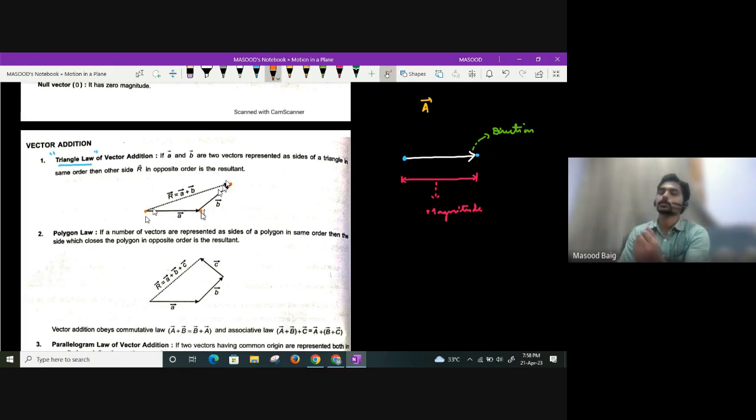So if two vectors are represented by two sides of a triangle taken in the same sense, then the resultant will be represented by the closing side. That is your triangle law.